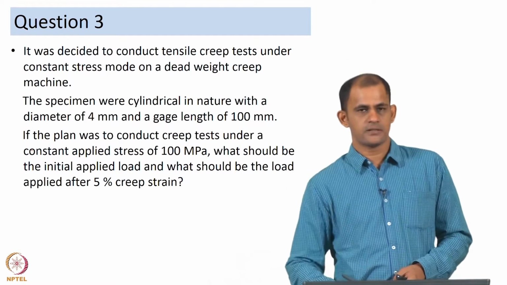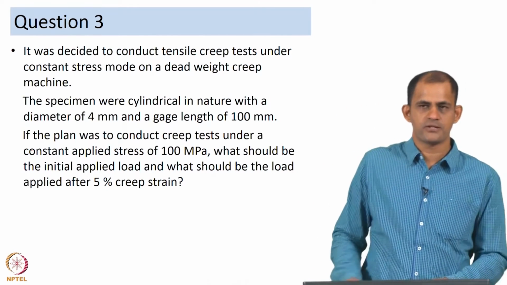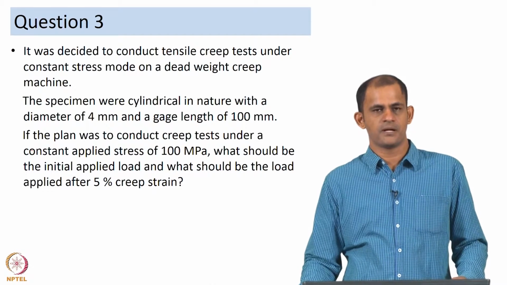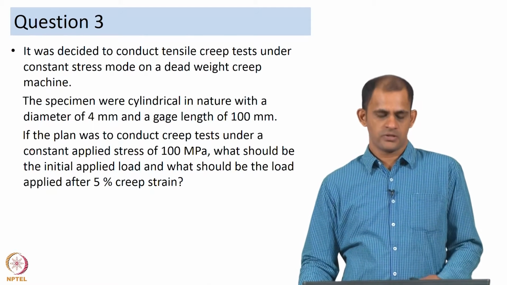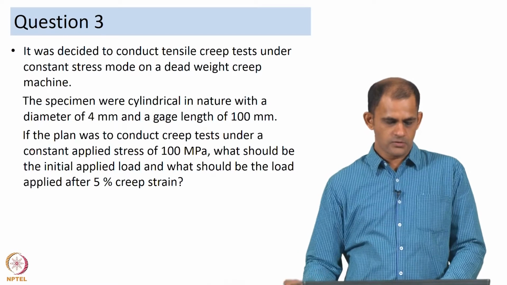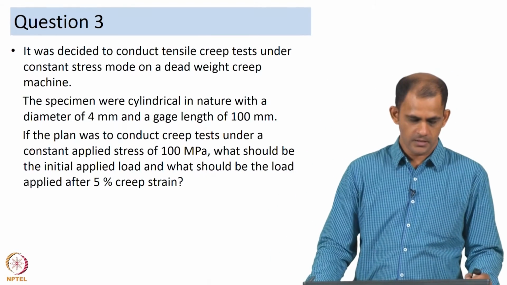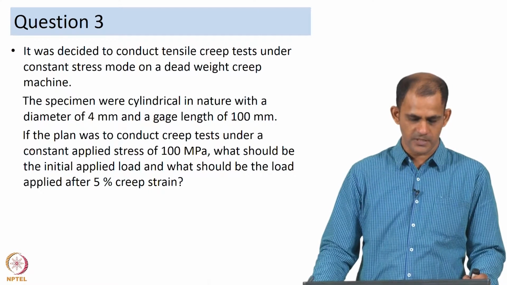Now, let us look at question 3. This also relates to constant stress and constant load kind of testing. The question is as follows. It was decided to conduct tensile creep tests under a constant stress mode on a dead weight creep machine.